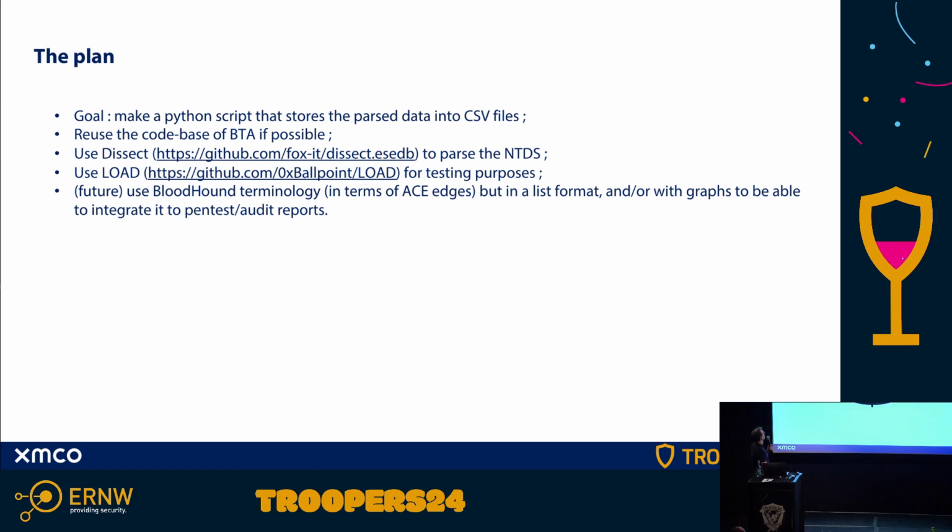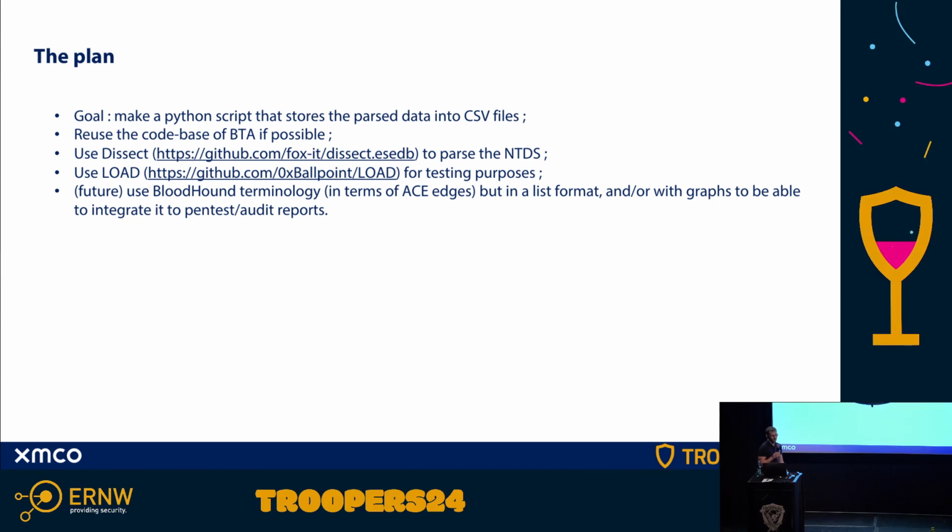We will show you that also later. For testing purposes, we used LOID, which is an Active Directory environment that can be deployed easily on AWS. So if you wanted to play with permissions, set new permissions, perform an extract of the NTDS and see what it does on the data, it was convenient for us.